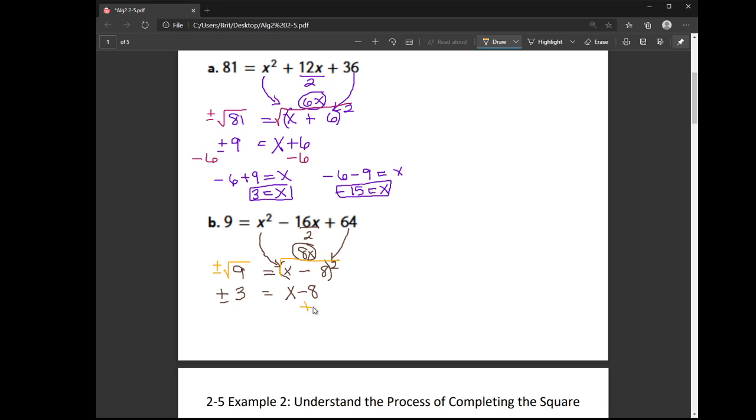So then I'm going to add 8 to each side. And then because of the plus or minus, we're going to split into two equations. So I'm going to have 8 plus 3 equals x, and 8 minus 3 equals x. So for the first part, I get 11, and for the second part, I get 5.